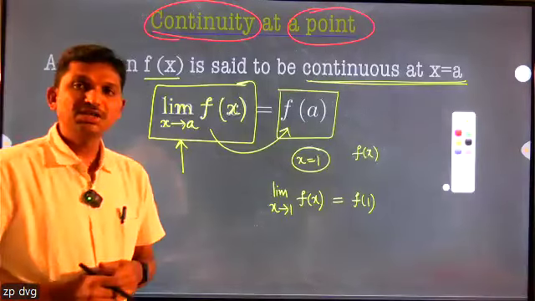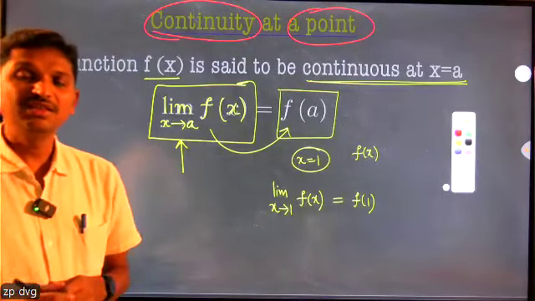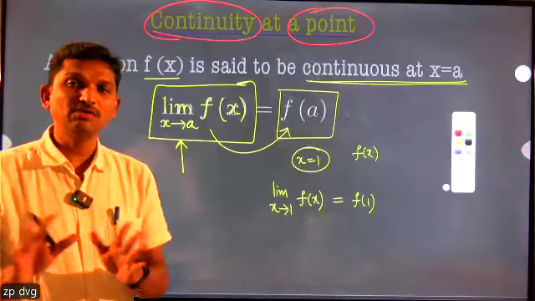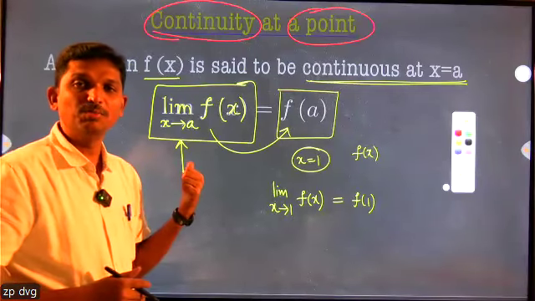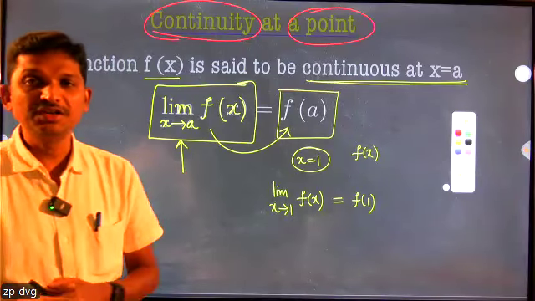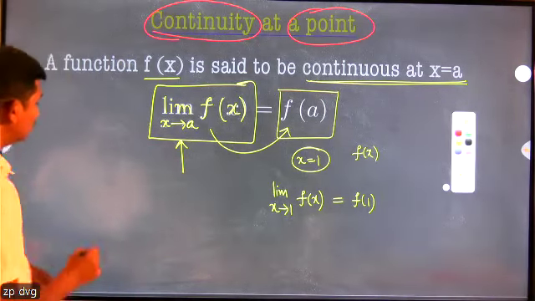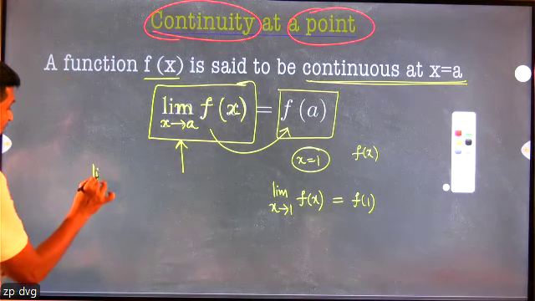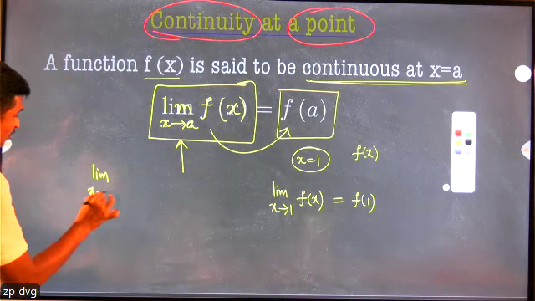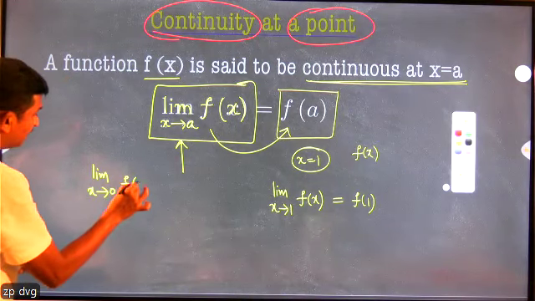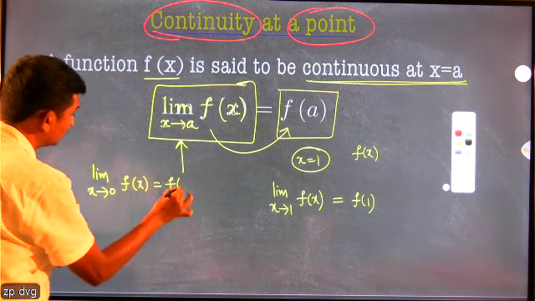See, one easy thing is, in this complete continuity only one formula is there. This is that formula. When we say the function is continuous at x equal to 0, if this holds good, what is that? Limit as x approaches 0 of f of x equals f of 0.